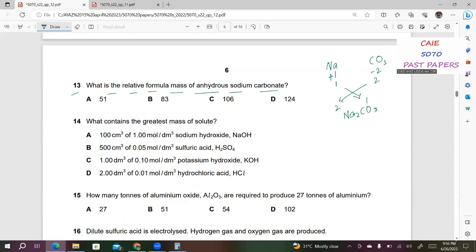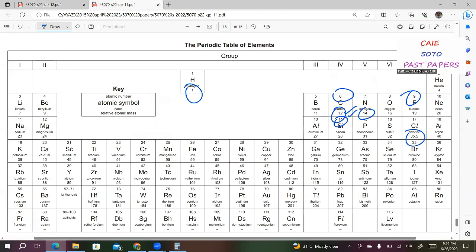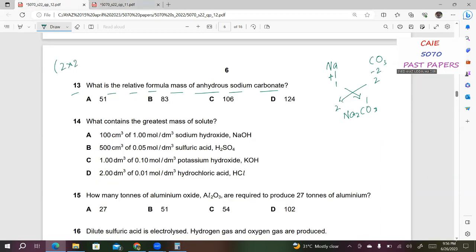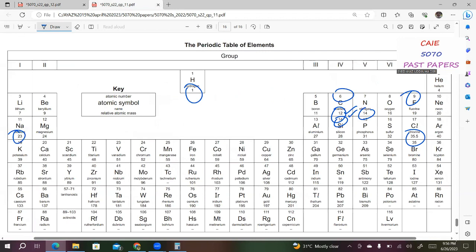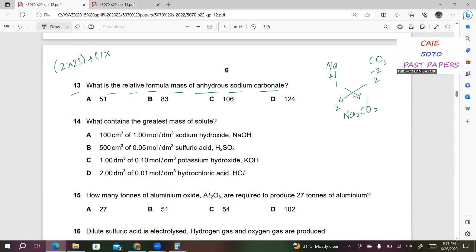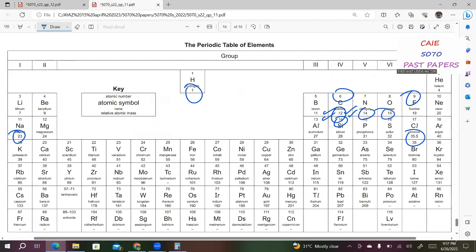So I'm going to calculate the Mr of Na2CO3. We have 2 Na. So 2 will be multiplied by the Ar of sodium, which is 23. Plus, we have 1 carbon atom, so 1 multiplied by the Ar of carbon, which is 12, plus 3 atoms of oxygen, so 3 multiplied by the Ar of oxygen, which is 16.